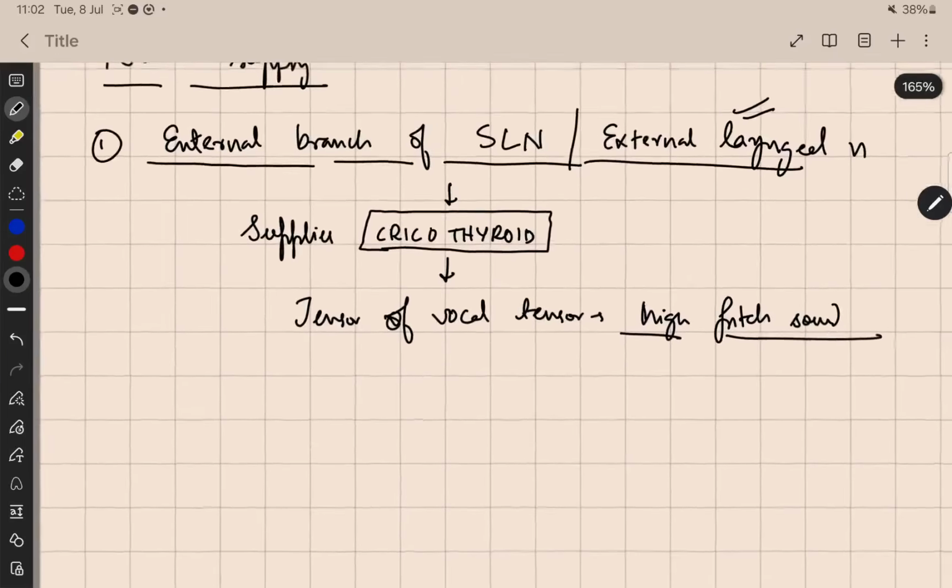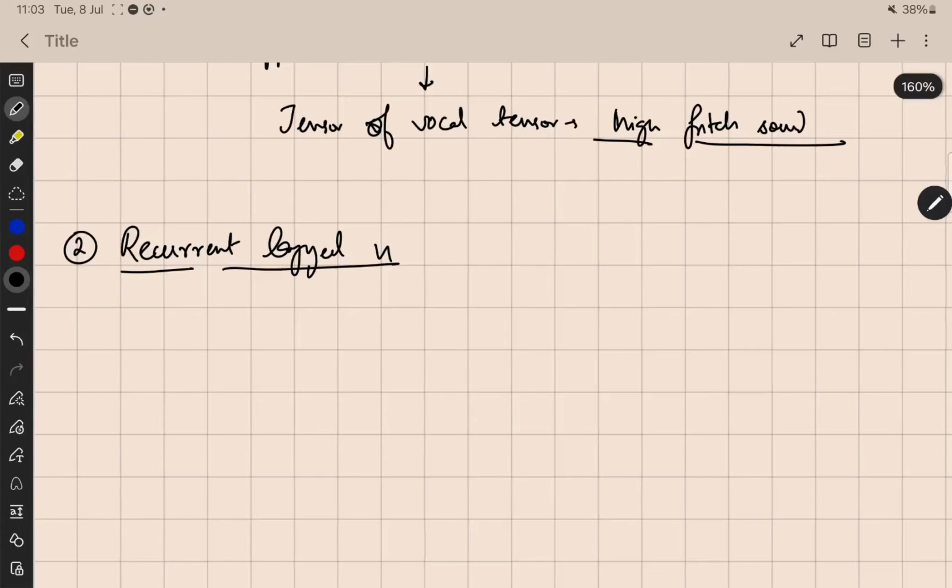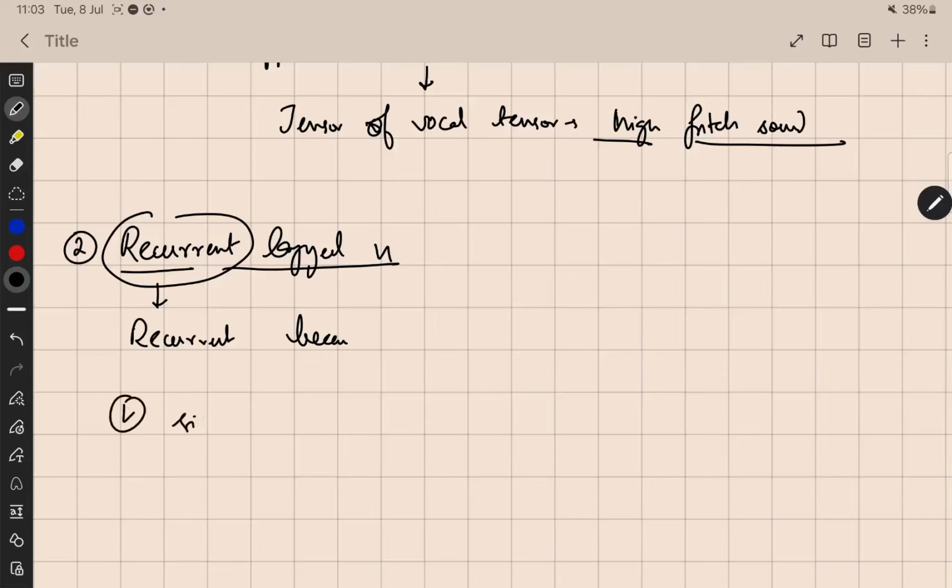One more nerve supply is there, that is recurrent laryngeal nerve. This is the main nerve supply. This is a recurrent branch, and there are two sides of this, left side and right side. So left side winds around the arch of aorta. We have to remember, left side is longer.